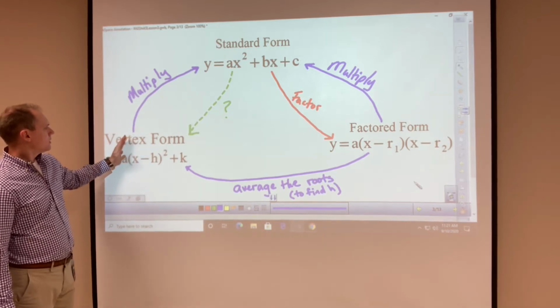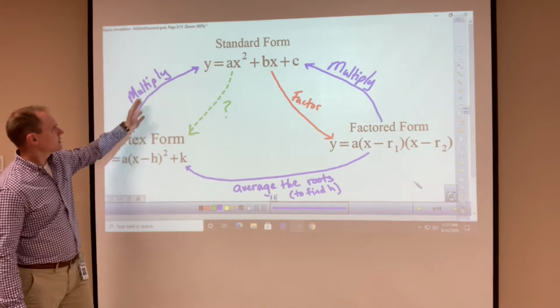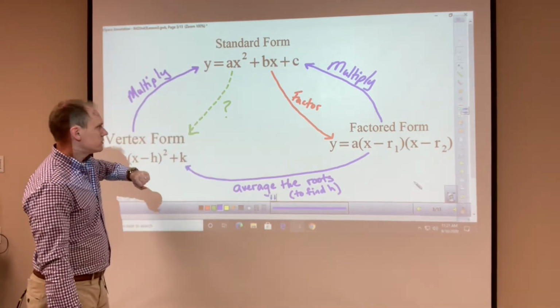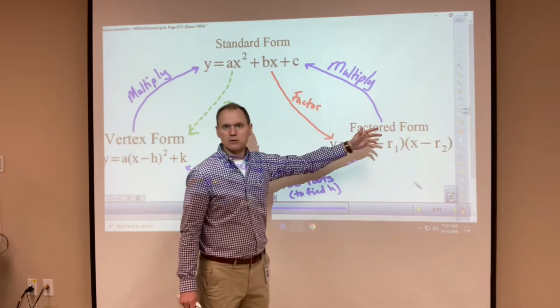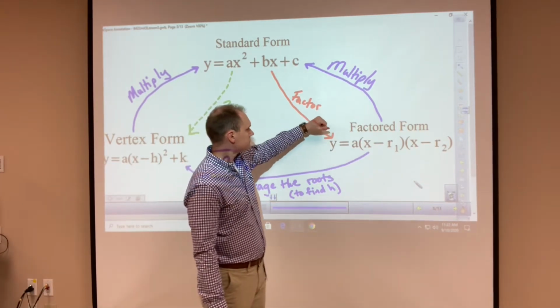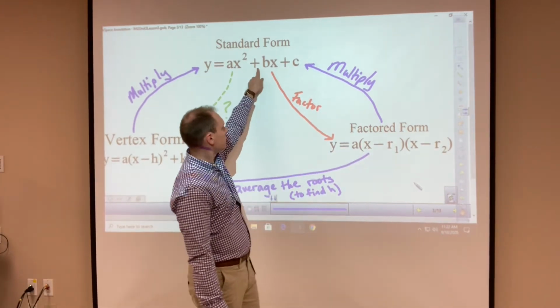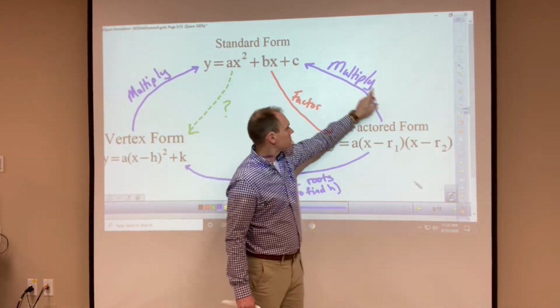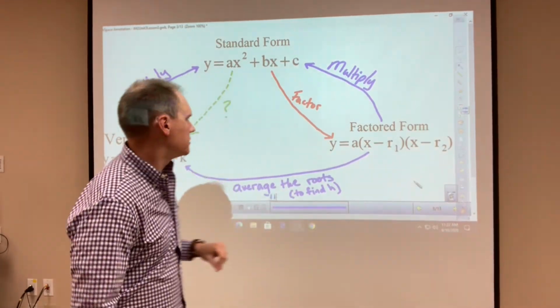So it's quite simple. Just multiply, right? Multiply this out to get from there to there. To get from standard form to factored form, we factor, just like we did in number 4 in the warm-up. To get from factored form back to standard form, you multiply it out. So just multiply this out, and that'll get you standard form.